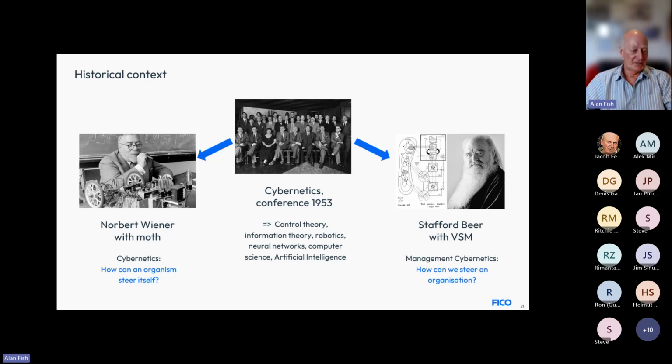And if you see in this picture, this device is called a moth. It's called a moth because it was attracted to light, and it would move around on the floor trying to find light sources. But of course, then he fitted these moths with light sources themselves, and they would go into these wonderful dances around each other.